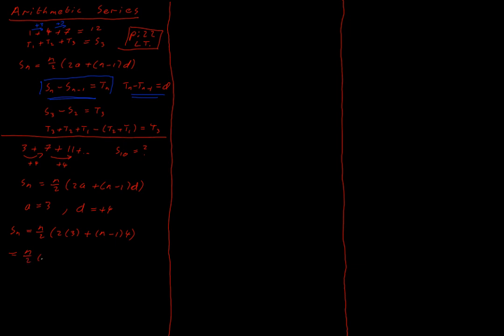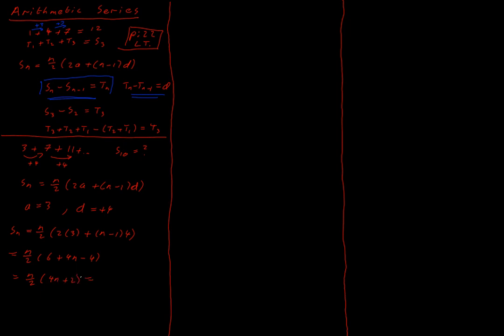N over 2 by 6 plus 4n minus 4 is equal to n over 2 by 4n plus 2.